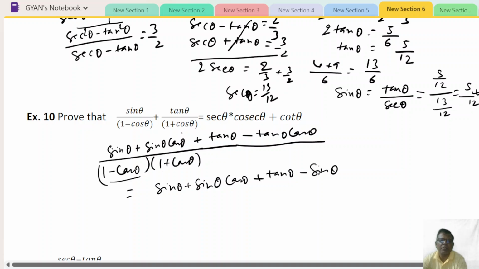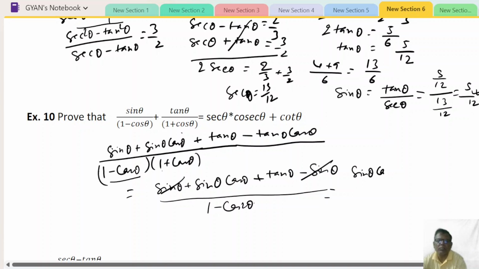Then here sin theta also gets cancelled. And here 1 minus cos square theta. So that is equal to sin theta cos theta plus tan theta divided by 1 minus cos square theta.